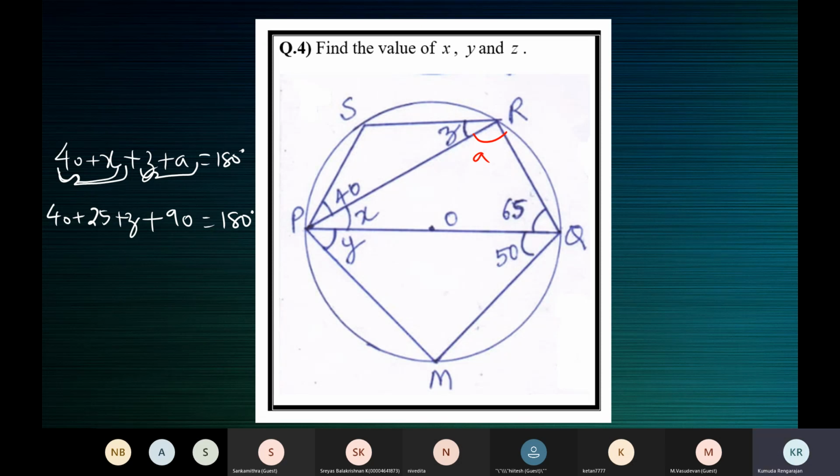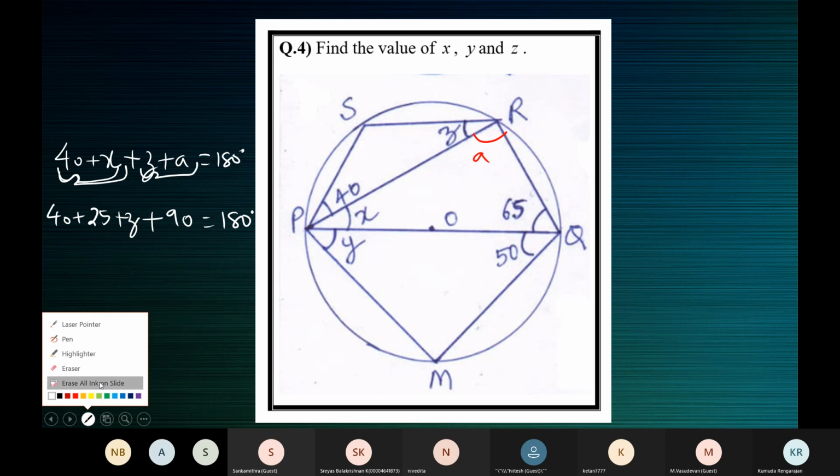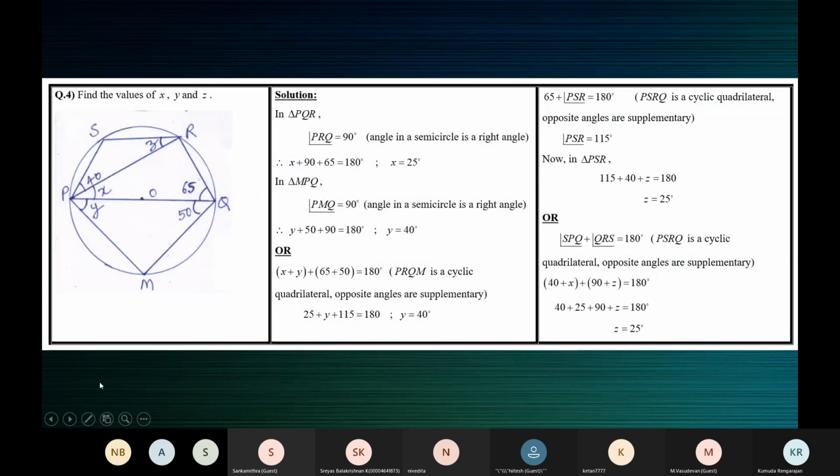Like this also you can find the value of z. Please write down this, children.